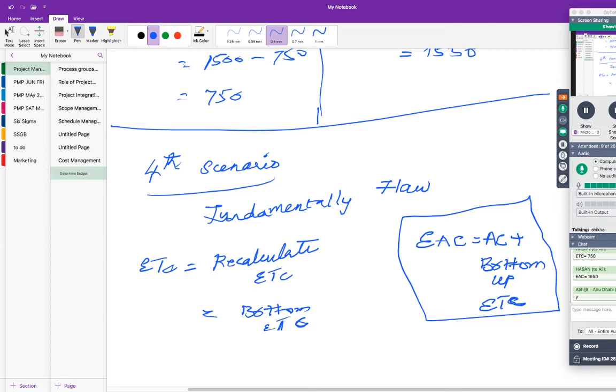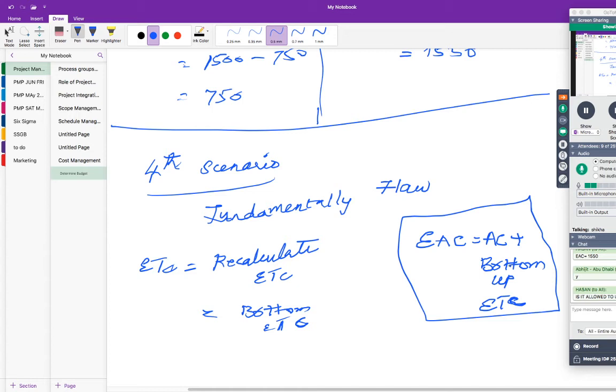From the words you have to understand which one they are talking about, and then through these scenarios, understand what assumption they are making: going at the same rate, or going as per the original plan. Accordingly, you apply your answer.